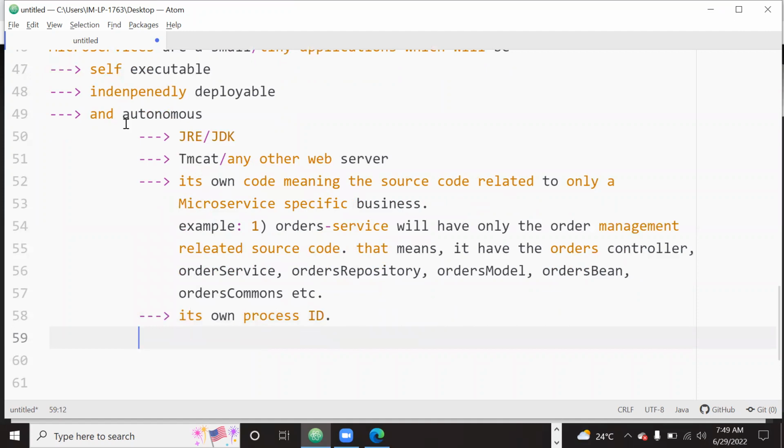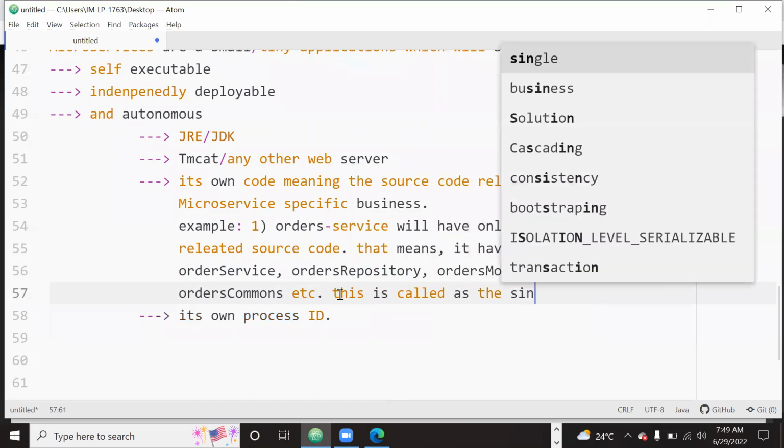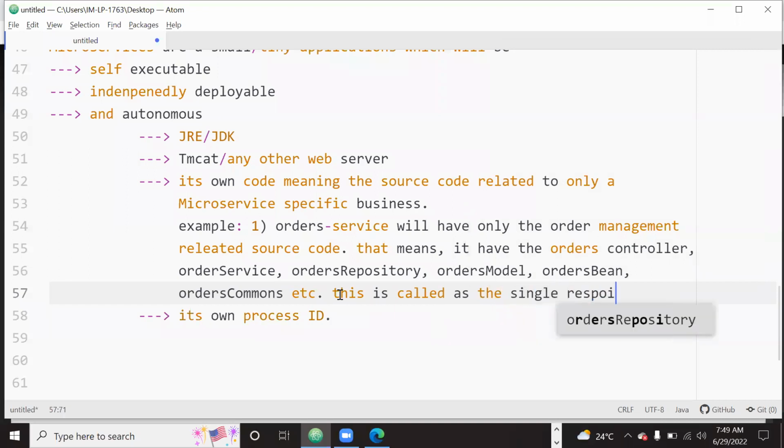That is the reason these are called autonomous. And this functionality is called the single responsibility.